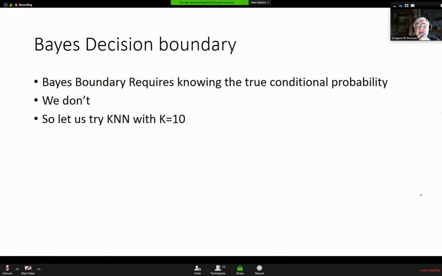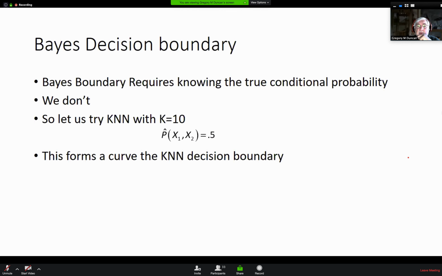So let's do a k nearest neighbor with k equal to 10. And we look at all the pairs where p hat x1, x2 is equal to 0.5. And this curve forms a KNN decision boundary.